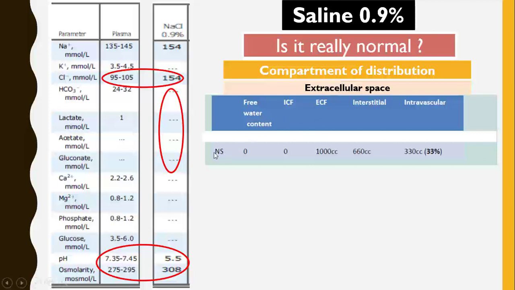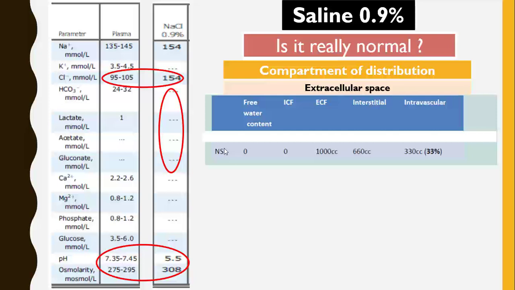And this is an example: if I infused a patient with normal saline, 1000 cc, the interstitium will take about 2/3 to 3/4, and the intravascular 1/4 to 1/3 of the solution, and the intracellular space will not take anything from the normal saline. Why do I mention these numbers?